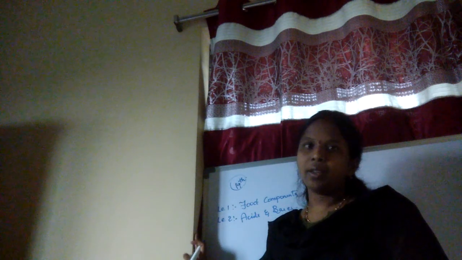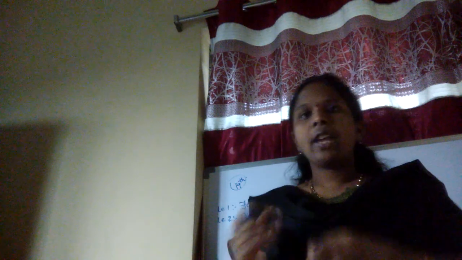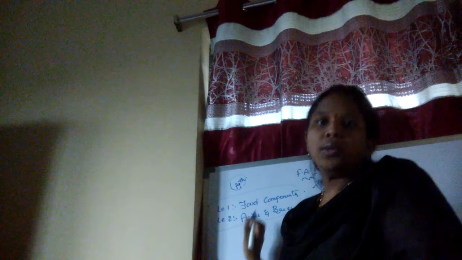I think maximum these 2 lessons will be there for your FA1 exam. If there are any changes, I will tell you in the next session, so that you will be prepared for the FA1 exam. Maximum our exams will be covered with these 2 lessons.